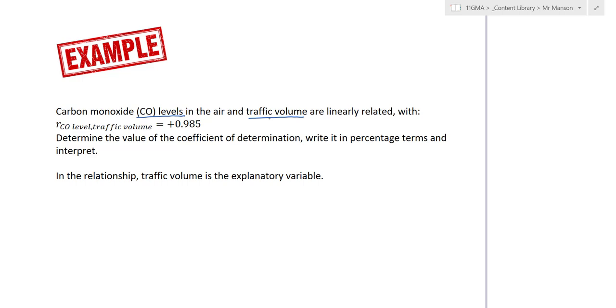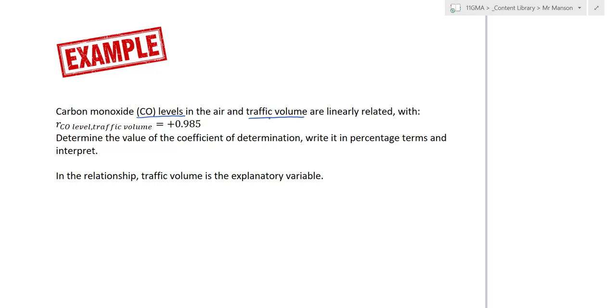You'll see here that sometimes, and the textbook does this, it won't just be R. You'd like it to just be R, that's easy to spot, but they've said R of the response variable, comma, explanatory. You might see that sometimes. It just looks a bit more confusing, but it means the same thing. So we're told the R value, determine the value of the coefficient of determination.